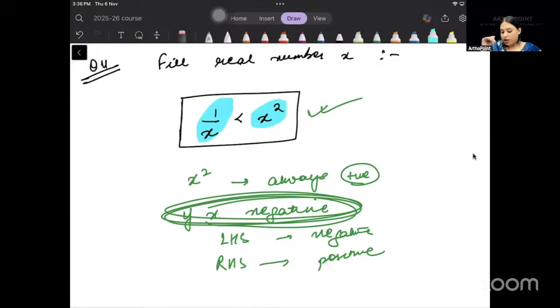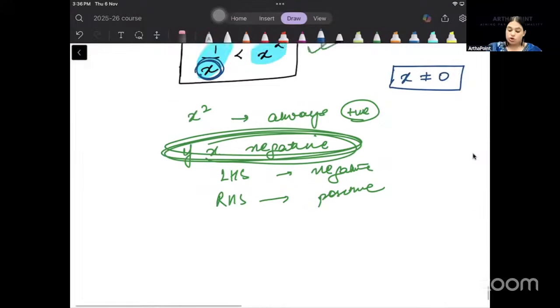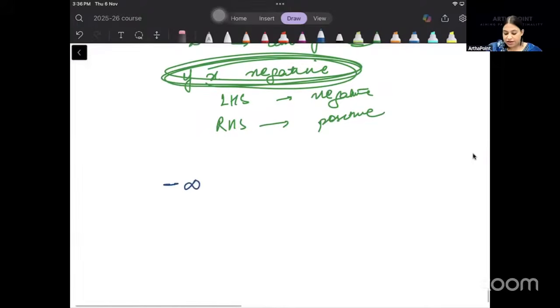Okay. Now, second thing, since x is coming in the denominator, we know the denominator is always non-zero. So we know that for every negative number this inequality is satisfied, and zero is out of the domain. So the first part is clear that from minus infinity to 0, we know definitely this inequality is satisfied.